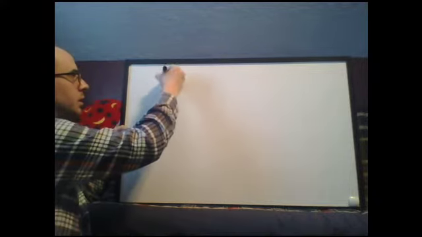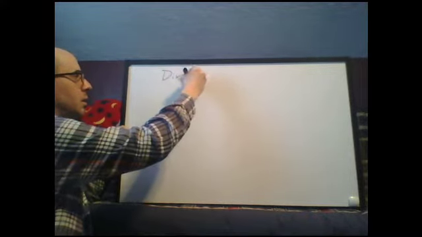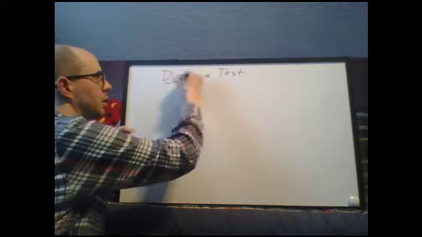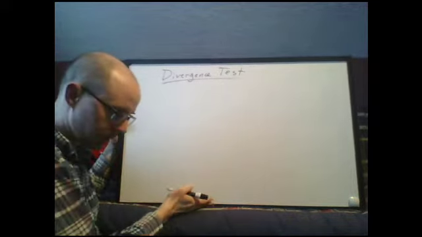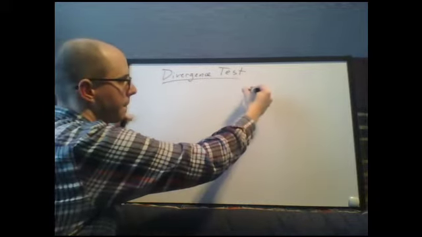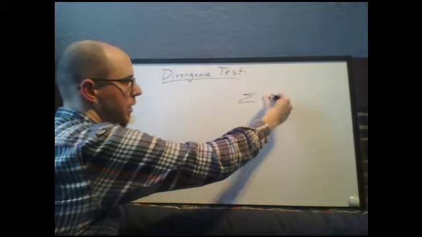All right. The next big thing from this section, really the last big concept from this section, and then after that we'll do a couple examples with it, is called the divergence test. And what it says, let me write it like this.